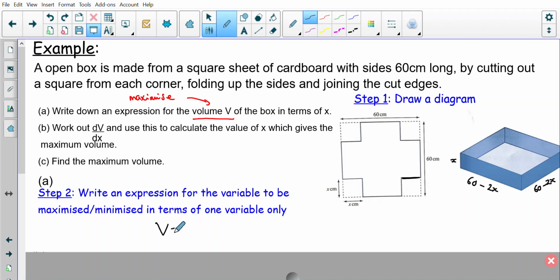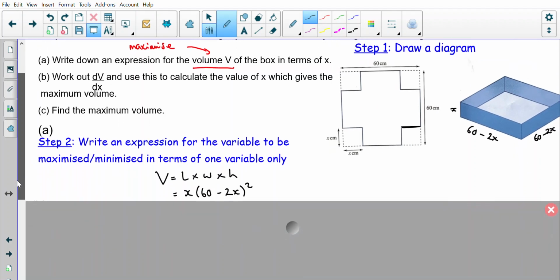The volume is length times width times height. So we'll get x times (60 minus 2x) squared. We can see in this example our volume is in terms of one variable only, because it's only in terms of x. So that's part A.